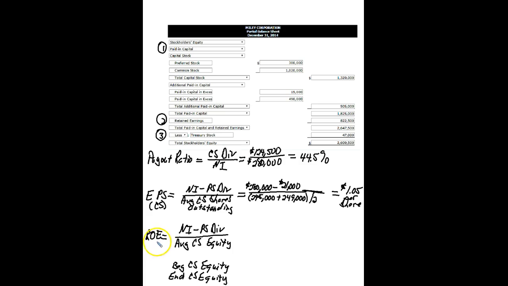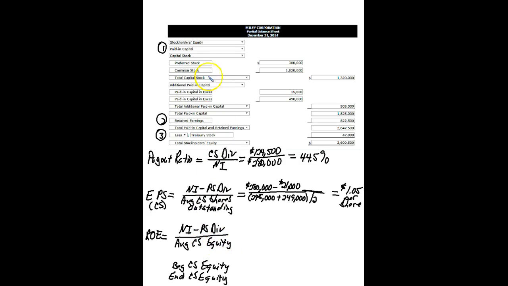Here in Chapter 11, return on equity looks only from the common shareholder's perspective. So we take net income, subtract the preferred stock dividend, and divide by the average common stock equity.